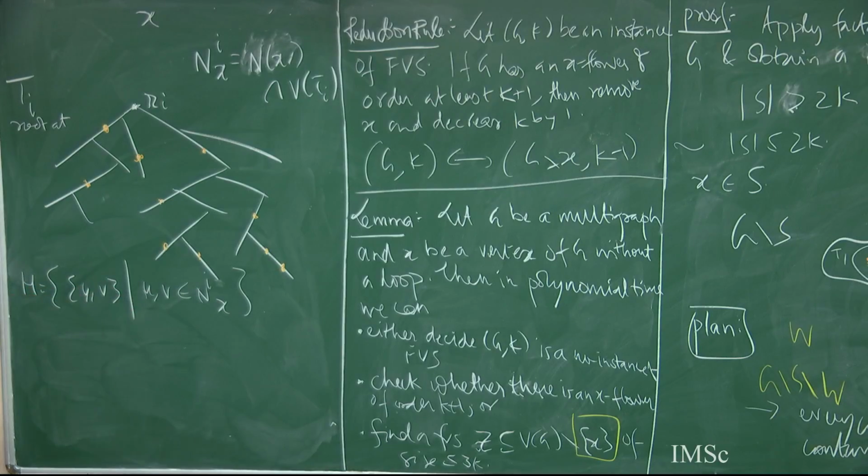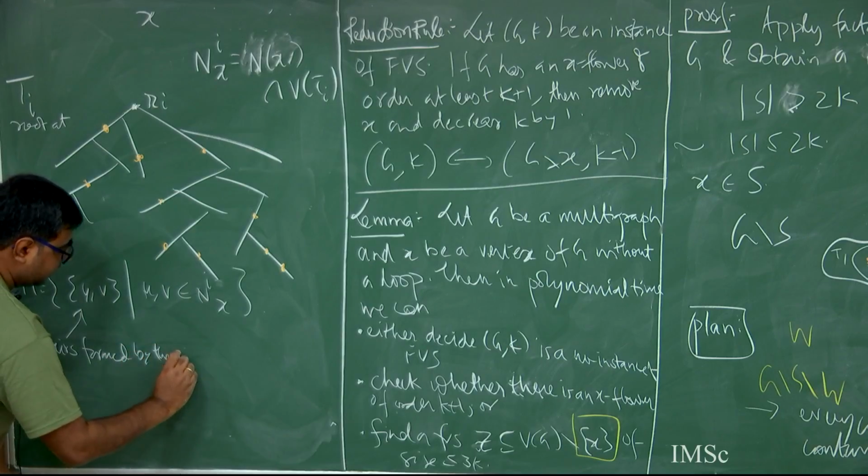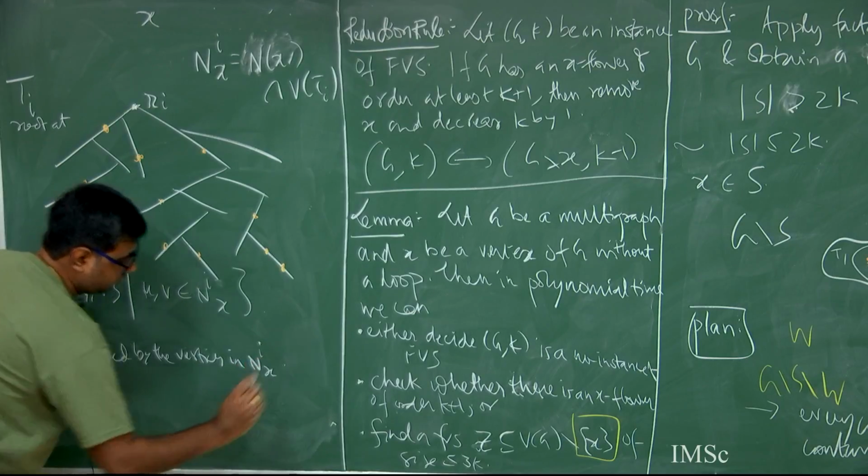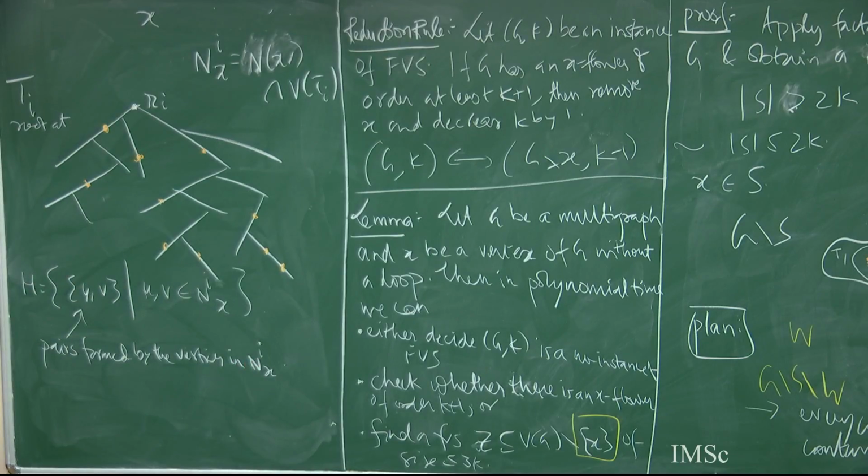Now this is H, it basically denotes the set of pairs formed by the vertices in Ni of x. Okay. Now what I want to do, for every u v I want to associate their least common ancestor. Now what is the least common ancestor of these two guys?